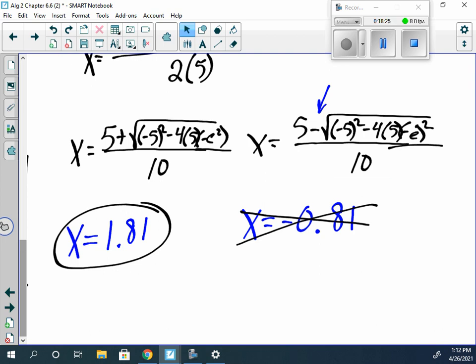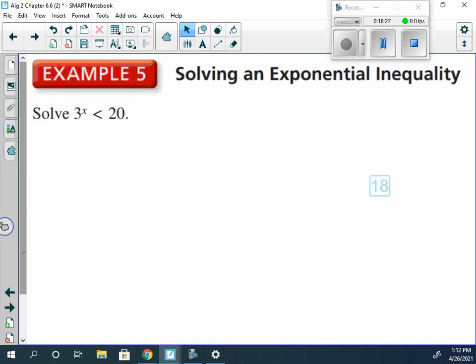All right. Let's move on to inequalities. 3 to the x is less than 20.